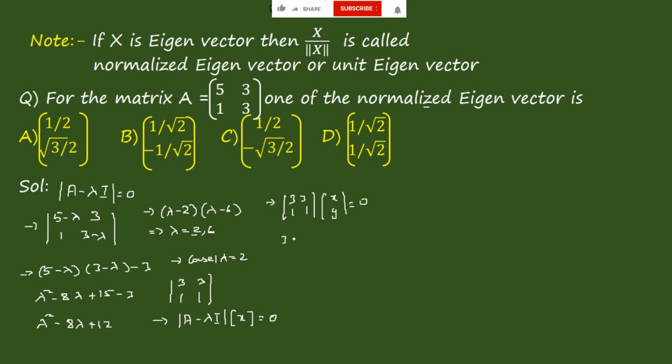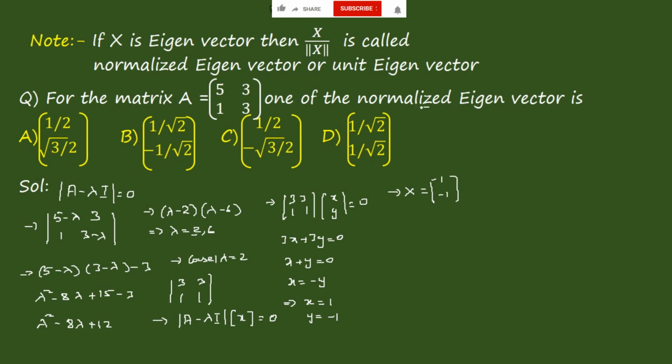Then you get 3x plus 3y is equal to 0, and x plus y is equal to 0. That means x is equal to minus y. If x is equal to 1, then y is equal to minus 1. So we got an X matrix which is 1 and minus 1.